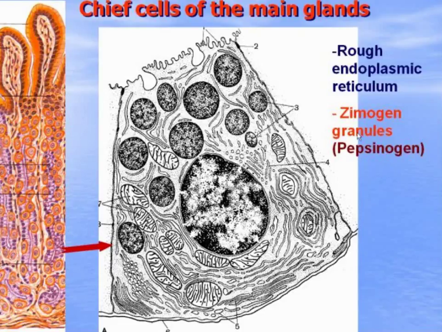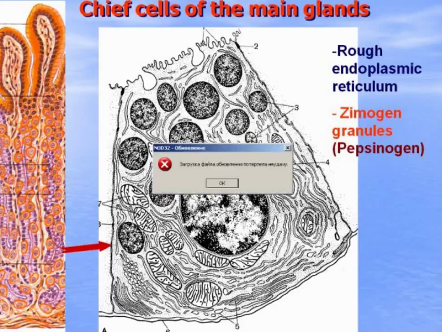It is accumulated in zymogen granules in the apical portion of cells, and released into the lumen of the gland and into the lumen of the stomach, where in acid medium it is converted to the proteolytic enzyme pepsin, which destroys the proteins of food into small peptides.